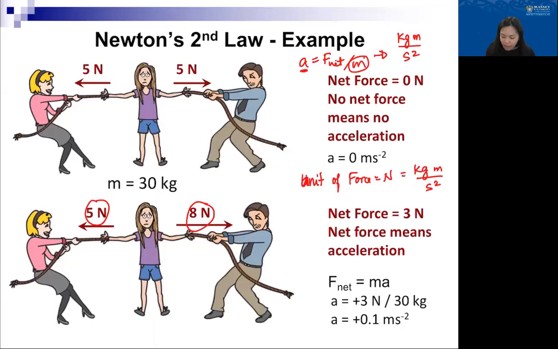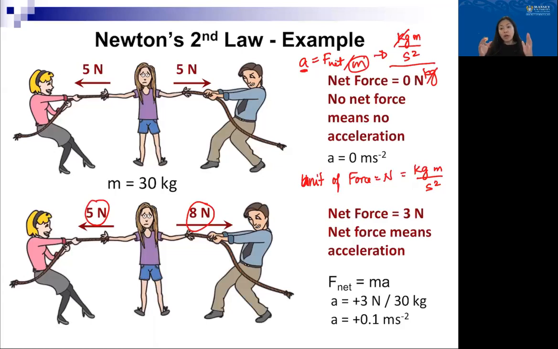And then you divide this by kilograms, which is the unit of mass. So the kilograms will cancel each other out, and you're left with meters per second squared.